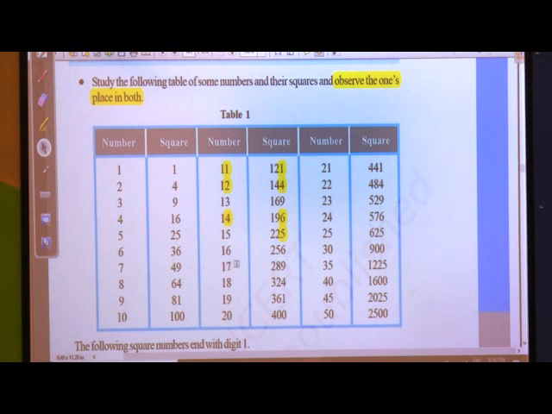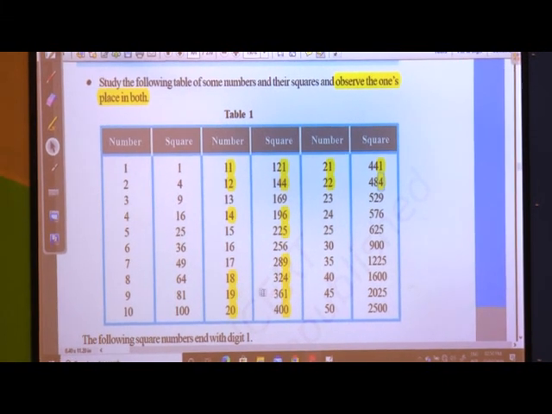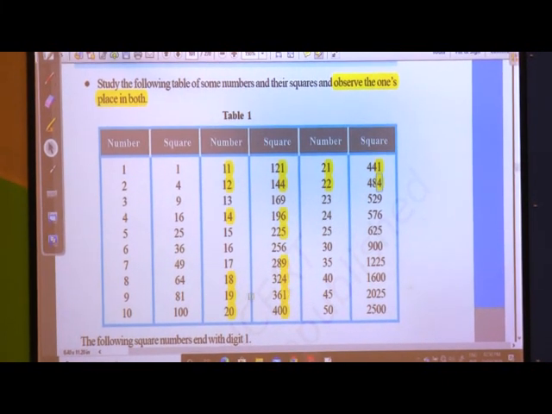17, 7, 289, digit in ones place in the square is 9. 18, 8 the digit in ones place, 324 is the square and 4 is the digit in ones place. 19, the number is 19 and square is 361.